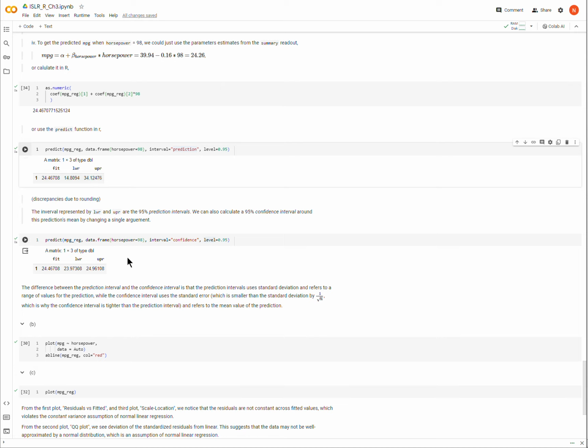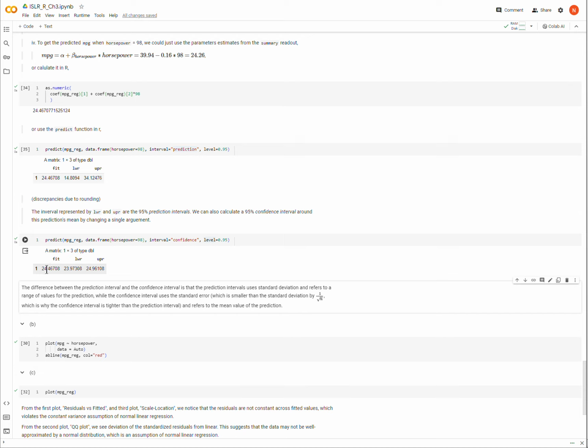The confidence interval, on the other hand, is using the standard error, not the standard deviation. And the standard error is smaller than the standard deviation. In fact, the way you get the standard error is by dividing the standard deviation by the square root of n, right? So it's going to be smaller than the standard deviation, and it refers to the mean of the prediction.